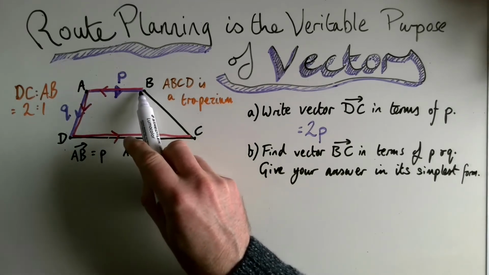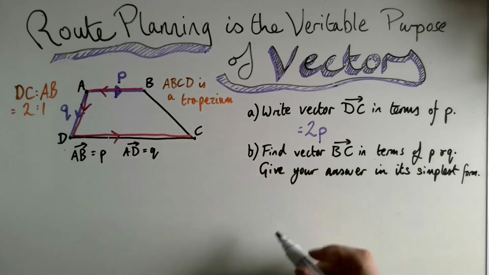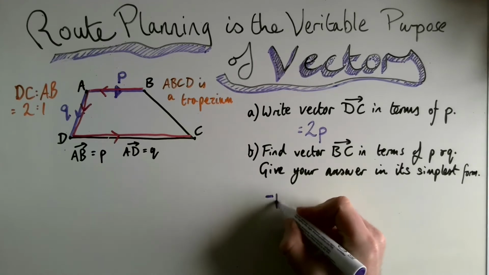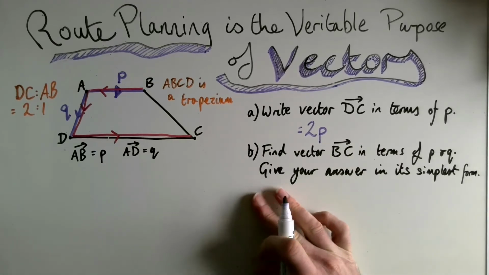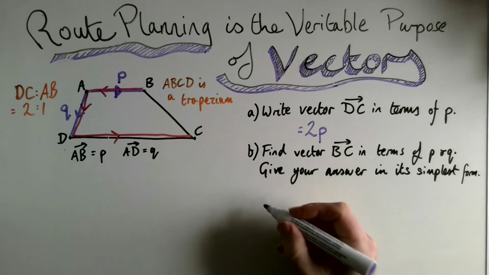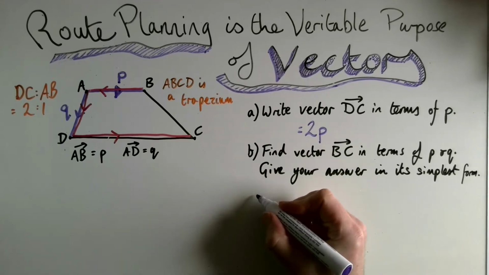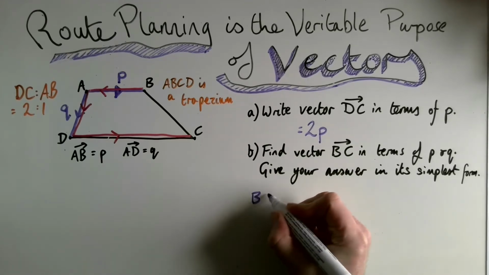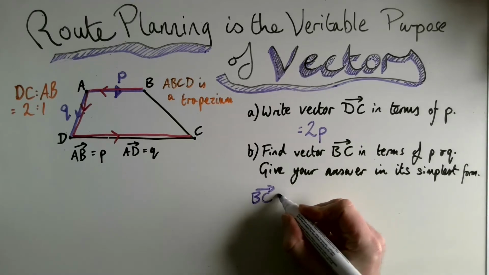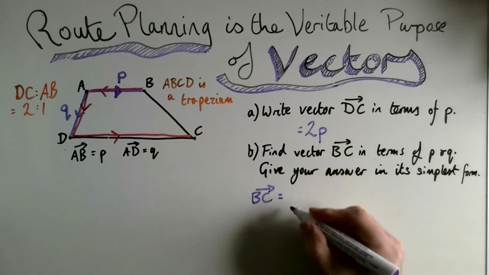So going against the P will give me a minus P. In fact, I'm going to write it out. Sometimes it's a good idea to talk about your whole journey all the way through. So BC, if it asked you to show why, then this would be the thing to do.